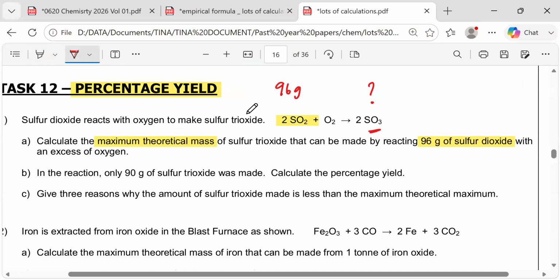What are you supposed to do? You're supposed to do amount of moles is mass over molar mass. Do you remember? Molar mass means sulfur is 32, oxygen is 16 times 2. Can you try and find it? You got 96 grams of this.